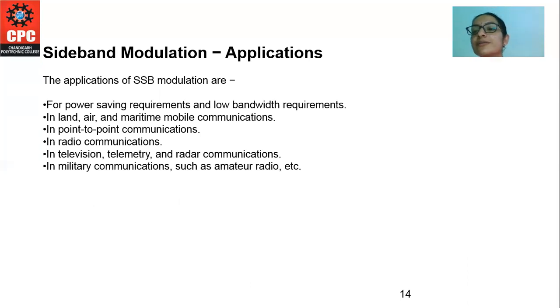Here the question arises: why is SSB not used for broadcasting? This is a major concern of various companies and persons. Although SSB systems have a number of advantages over the DSBSC system, it is still not preferred in radio broadcasting applications, due to the following reasons.